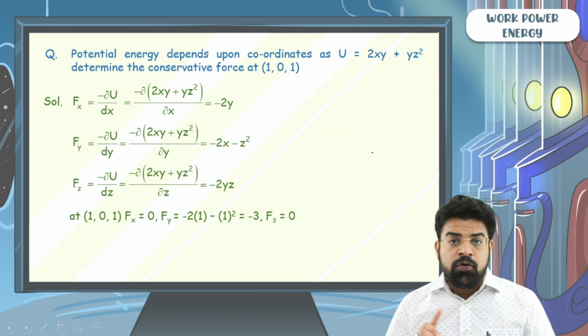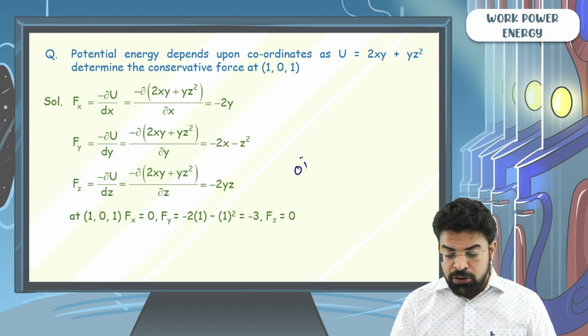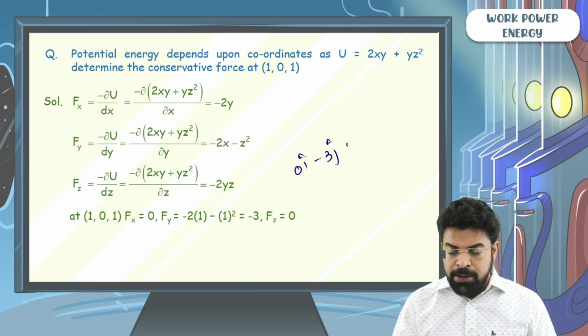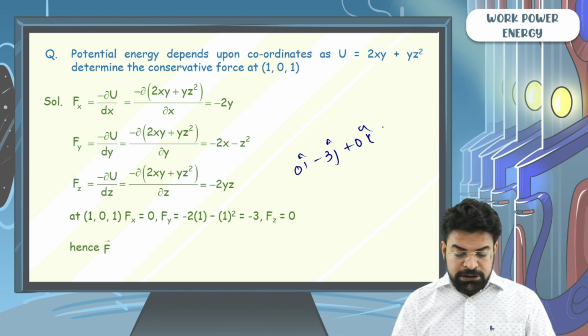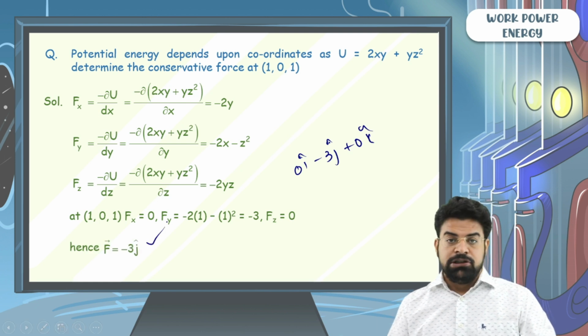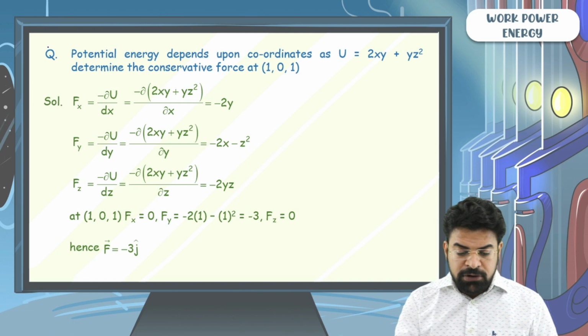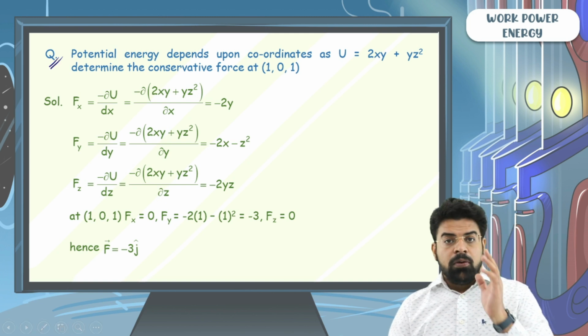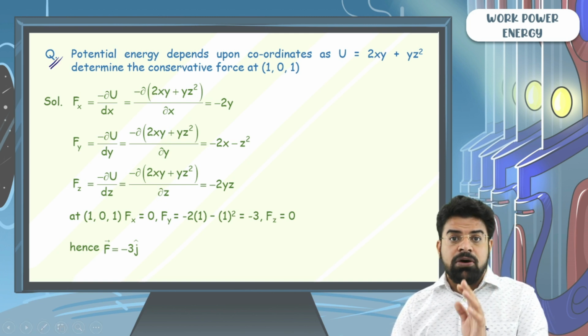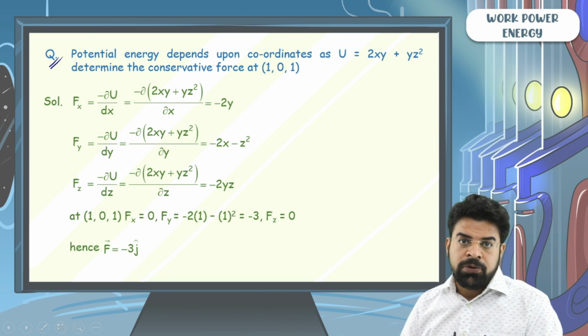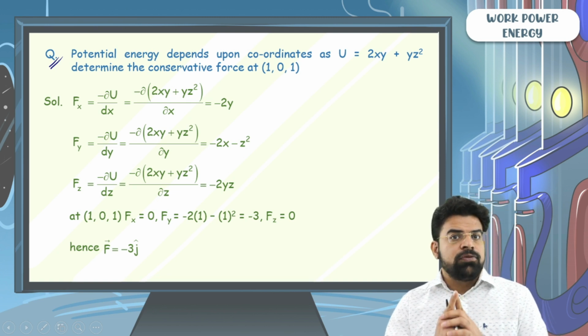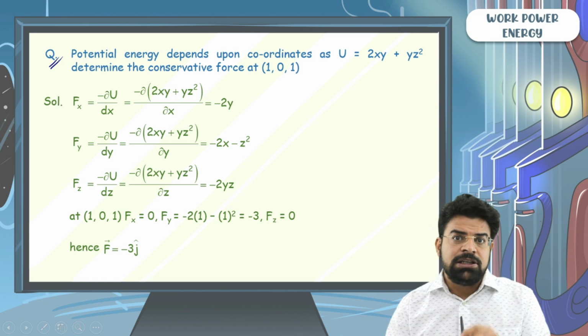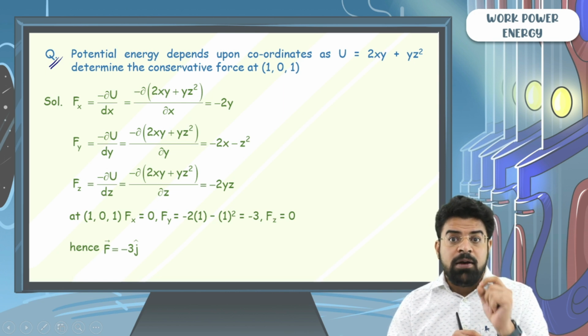Hence the net force will be reported as 0 i cap minus 3 j cap plus 0 k cap. So that is nothing but minus 3 j cap. So this is one example based on how to find the conservative forces based on the potential and position function. We will practice more of these type of questions. I will teach you the relationship between potential and field.